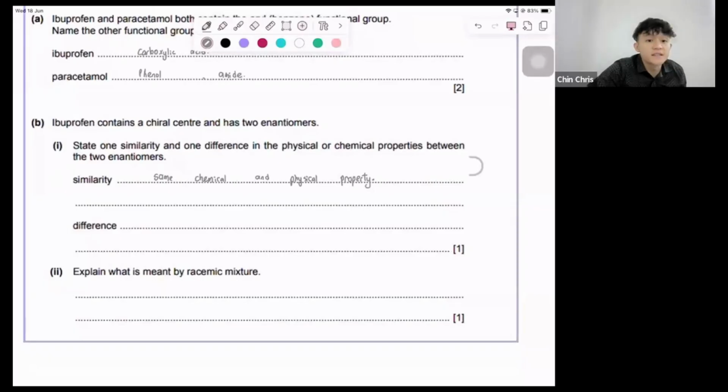Guys, what about the differences? They have different biological activity, and you can mention optical activity if you are too lazy to write. So you can just mention biological activity and rotating plane polarized light in different directions. The different direction is just optical activity, so I summarize the word for you as optical activity.